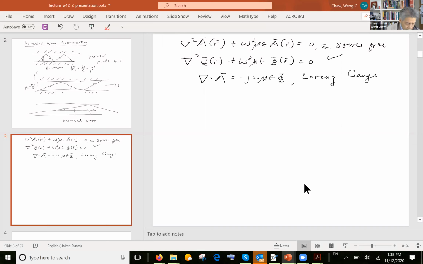Okay, so we're going to look for a paraxial wave approximation to this equation. So what we're going to assume is that the vector potential A will consist of two parts. One is slowly varying part plus a rapidly varying part. So this is rapidly varying.